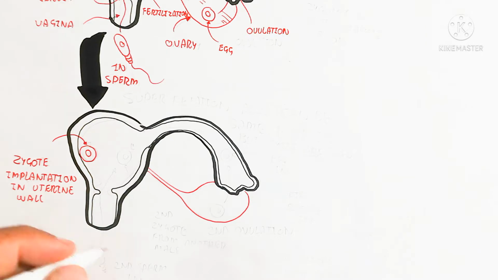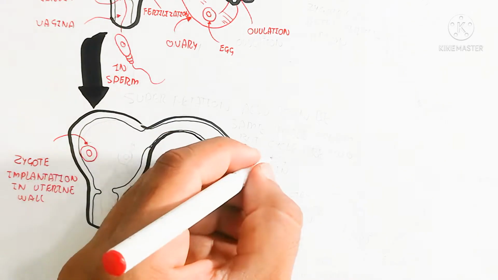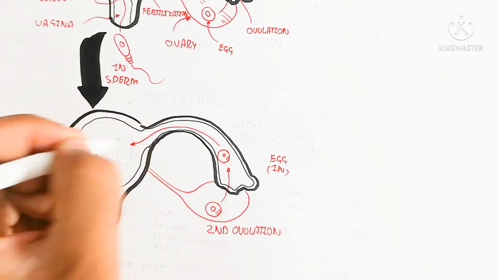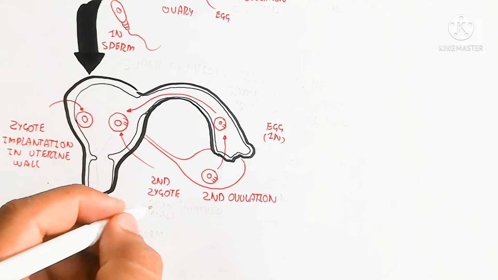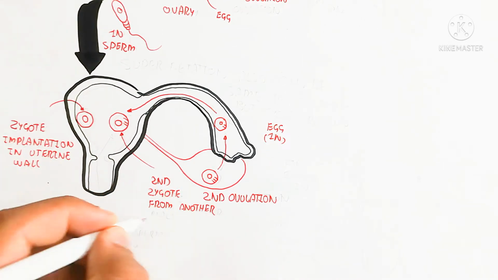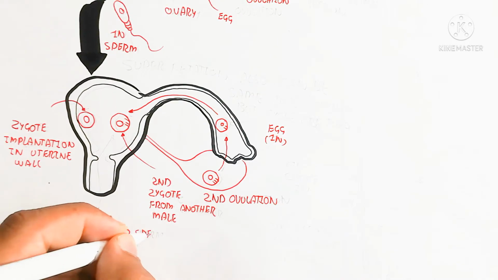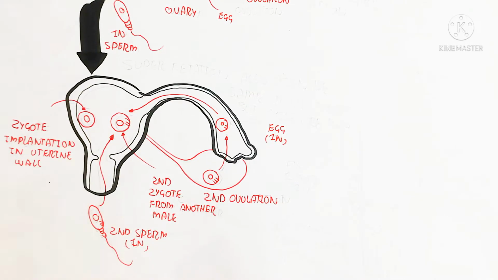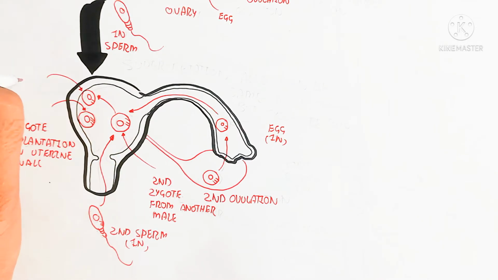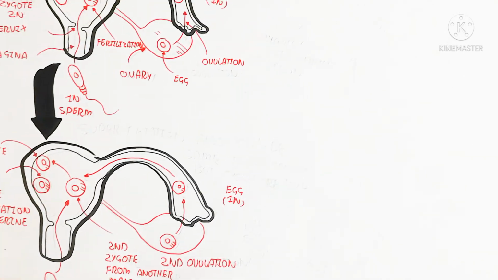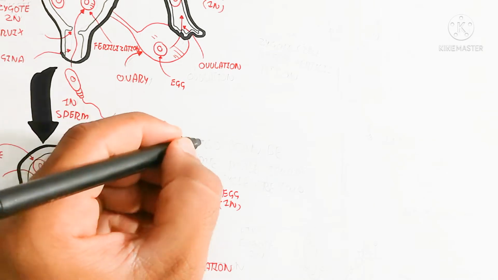Here is the zygote implanted in the uterine wall, the first zygote, but then ovulation will occur again in the next menstrual cycle, and the next ovarian cycle will produce a second zygote. The first is going to develop into the fetus, but the second will also be fertilized, and after fertilization the blastocyst will implant and develop further.